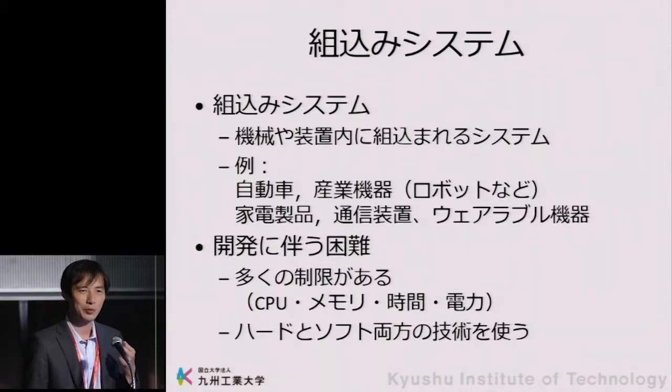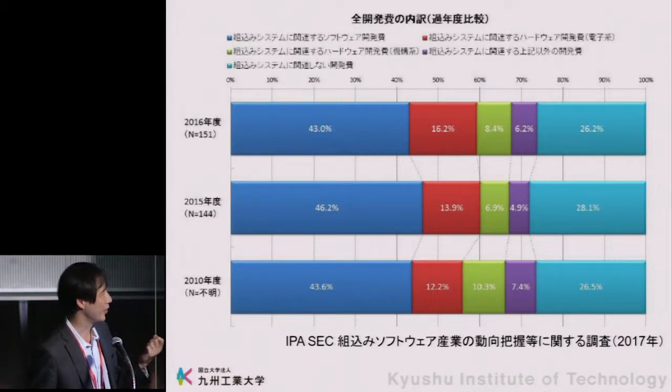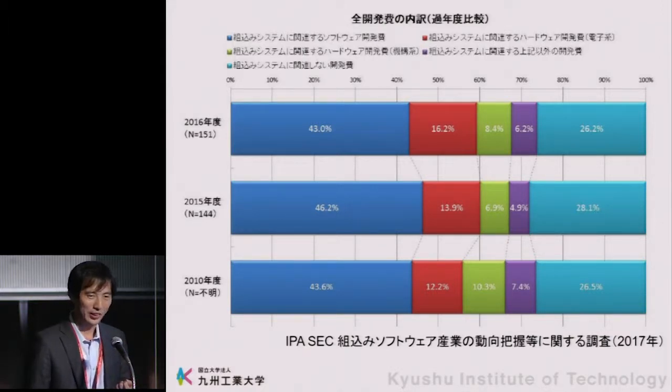At the same time, these embedded systems are for operation of machines. So we need knowledge of both software and hardware in order to solve the issues for these embedded systems. This is the survey result of the government. The cost of the software is very high.